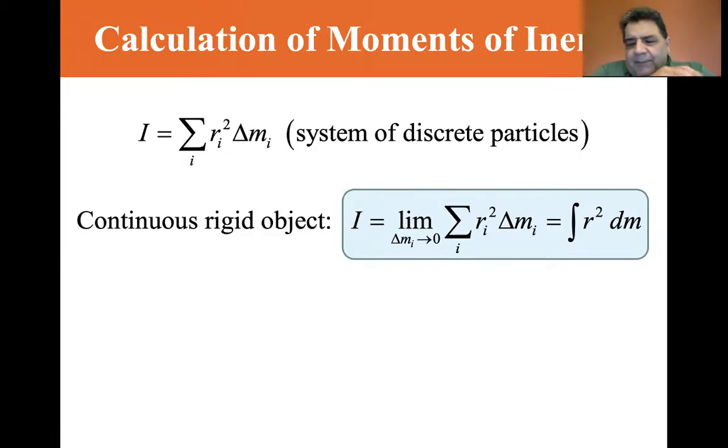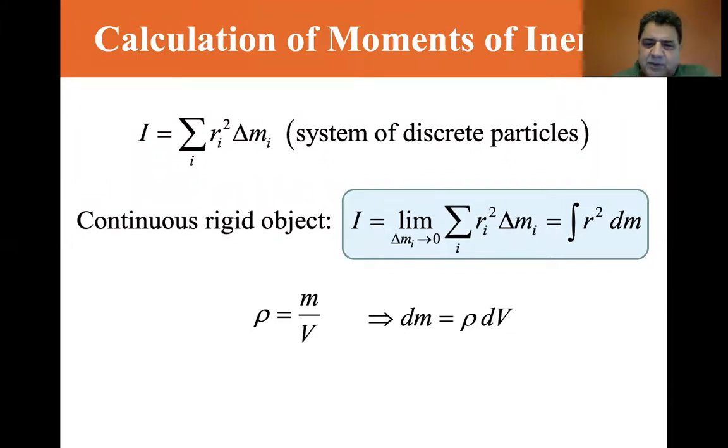dm. Now, density, rho, is equal to the mass divided by the volume, mass per unit volume. And so a small part dm can be represented as rho dV, the density times a little portion of volume. So I is equal to the integral of density times r squared dV.